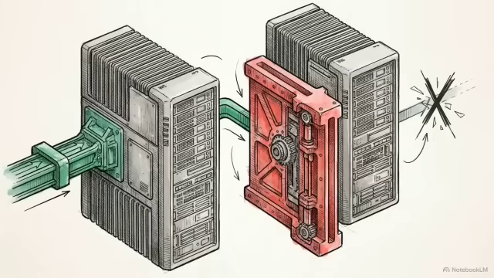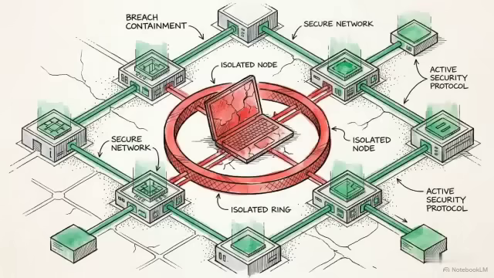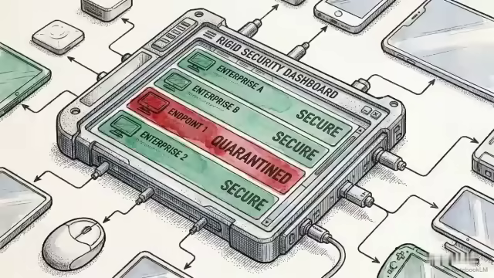Accessing one data server grants zero permissions to access the server sitting right next to it. Minimizing the implicit trust zone ensures that if an attacker compromises a single endpoint, the damage is contained. The breach remains an isolated, manageable event, rather than a systemic network failure.